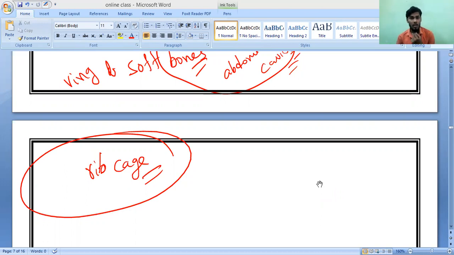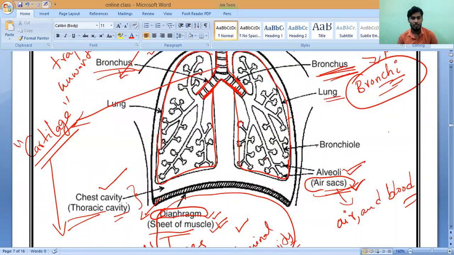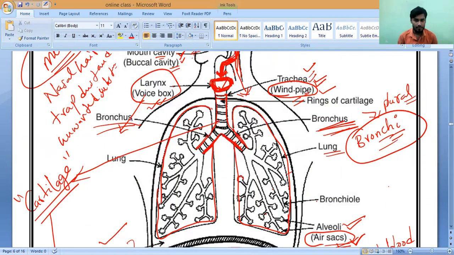Now you may observe the lungs are covered by two thin membranes. Can you say what that is? In the picture you can see the lungs are covered by two thin membranes. What is that called? Anybody?